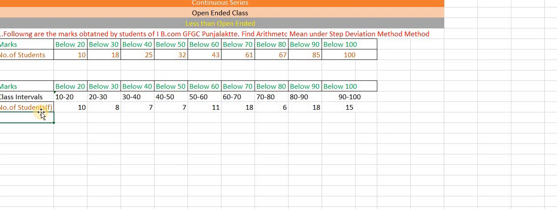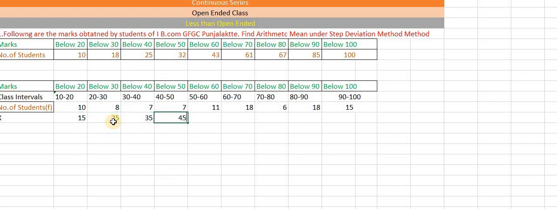I will calculate the x values first. How do we calculate the x value here? x indicates the marks obtained: the upper class limit plus the lower class limit divided by 2. So here it is 10 plus 20 divided by 2, which is 15, and here 25 and here 35. In the same way, we are going to calculate the data for the remaining six.